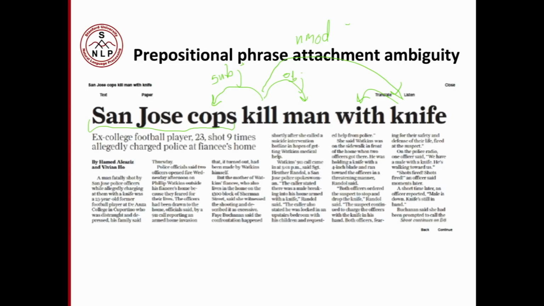Then there's a second meaning this sentence can have: the man has a knife. In that case, we want to say that it's this word man, and this man has a noun modifier, which is saying something that the man possesses, and then this dependency is the same, and it's a man with a knife.